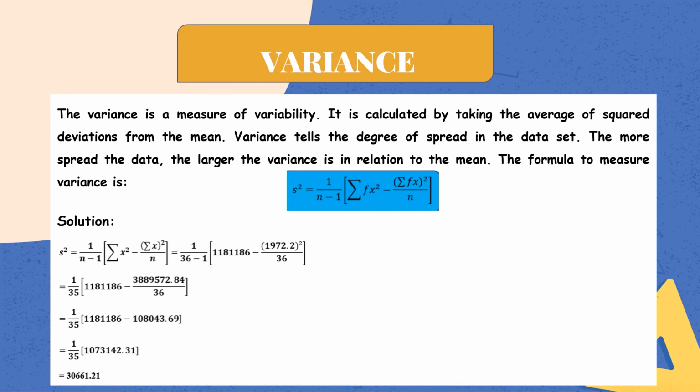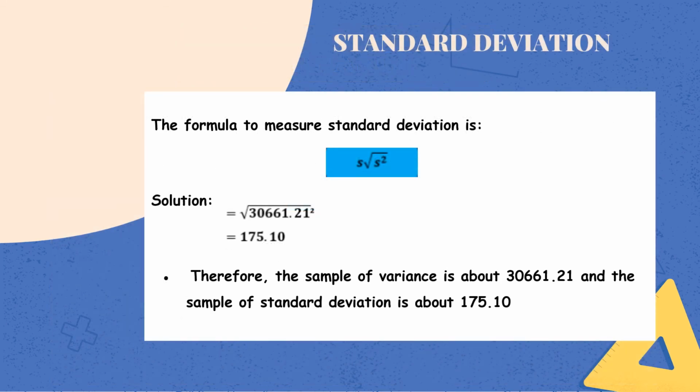The third step is 1 divided by 35, in a bracket 1181186 minus 108,043.69. And the last step is 1 divided by 35, in a bracket 1073142.31. The answer for the variance of group data is 30661.21.